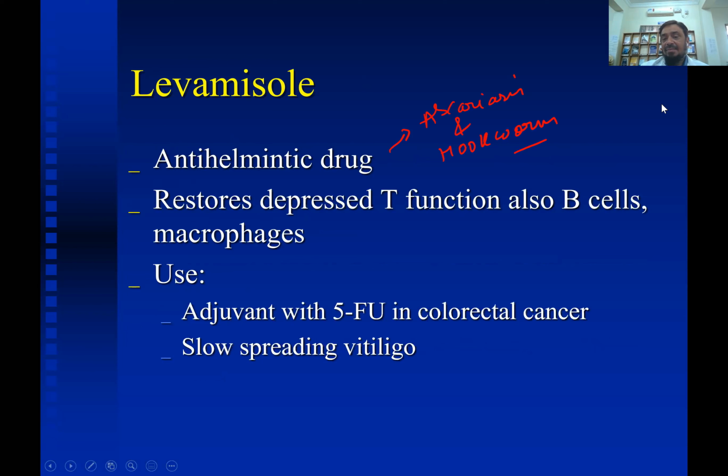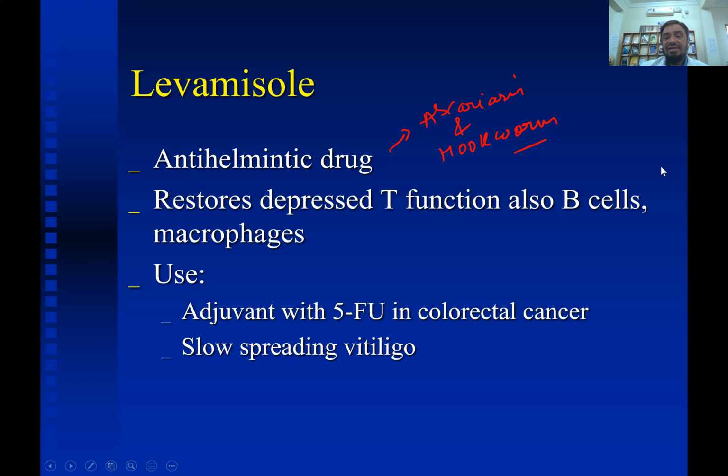Mechanism as an anti-helminthic: it is stimulation of the glutamate receptors, and that causes spastic paralysis in the worms, and the worms are expelled alive. Immunosuppressant action: it restores the depressed T cell function and also has some action on B cells and macrophages.